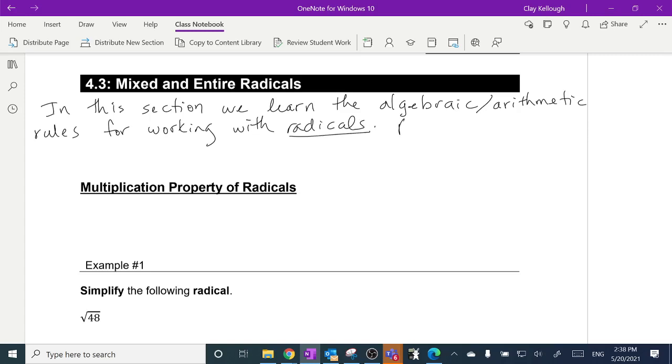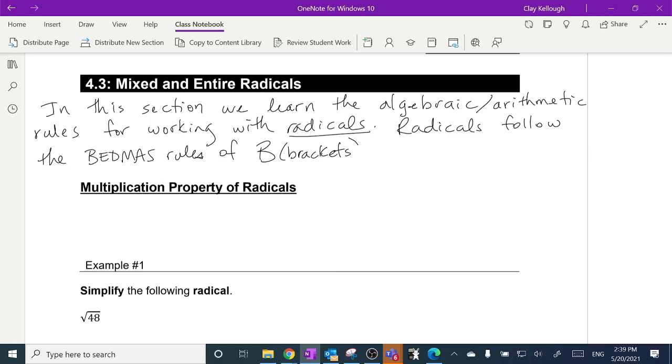And I'm going to say that radicals follow the BEDMAS rules of B, which of course, remember in BEDMAS stands for brackets. Those of you from other countries might use the letter P for parentheses, but it's the same thing.